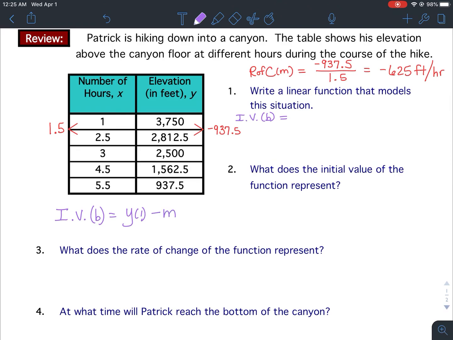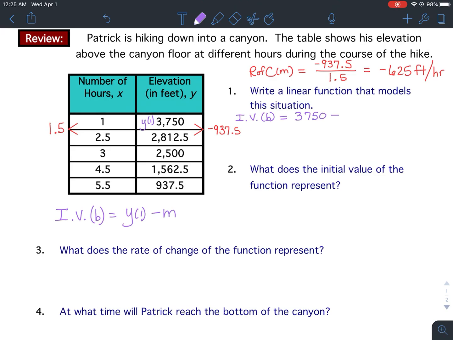Here, I've got my x is 1, and I see to the right of it the value of y. So the 3,750 is the value of y when x is 1. So I'm going to take that 3,750 and subtract our slope.